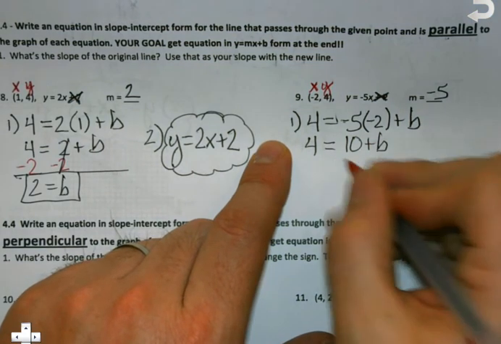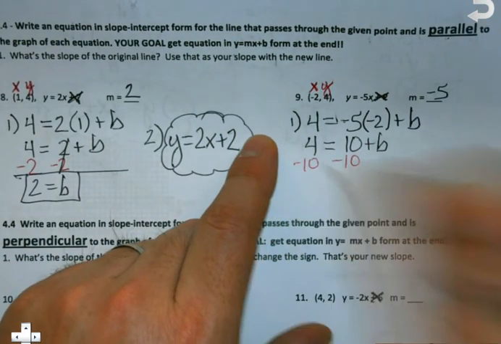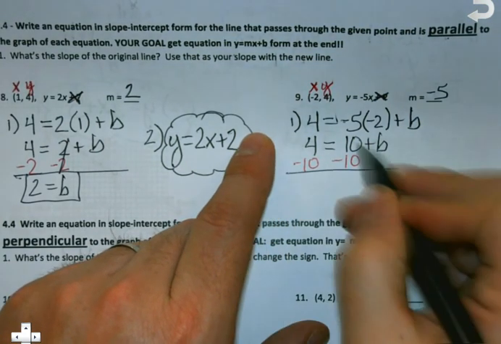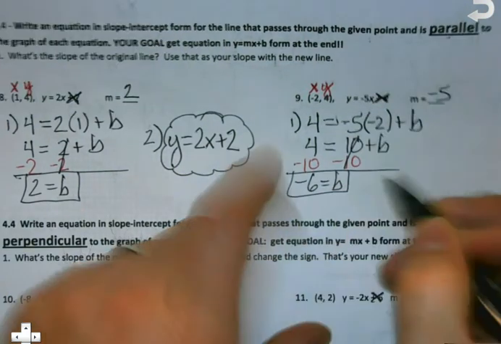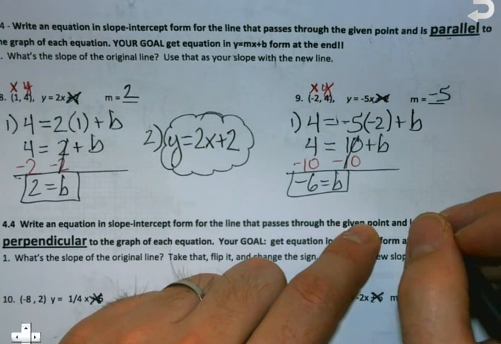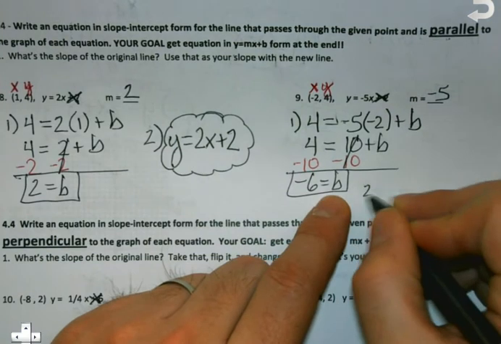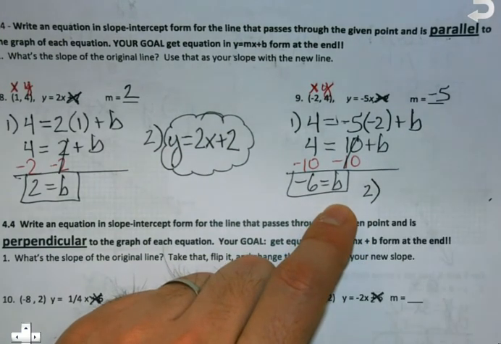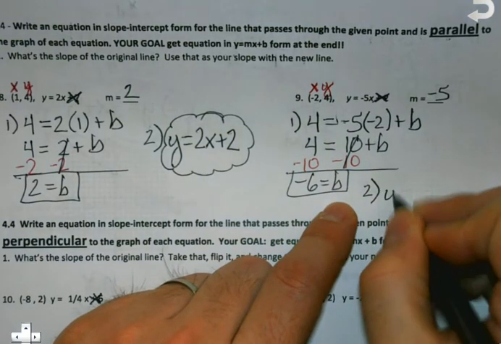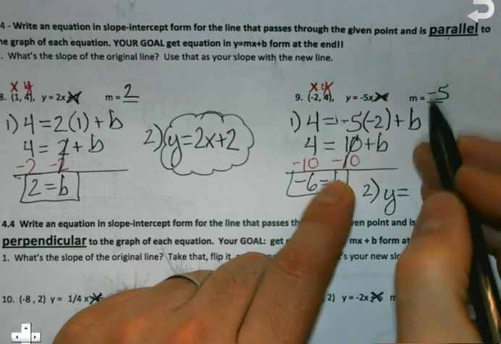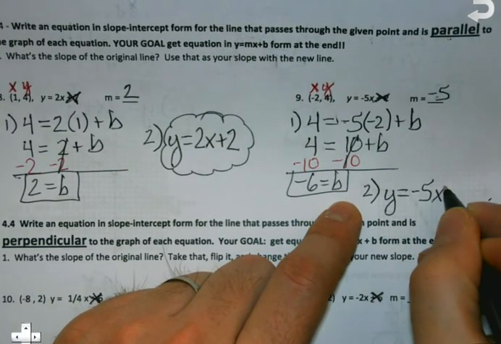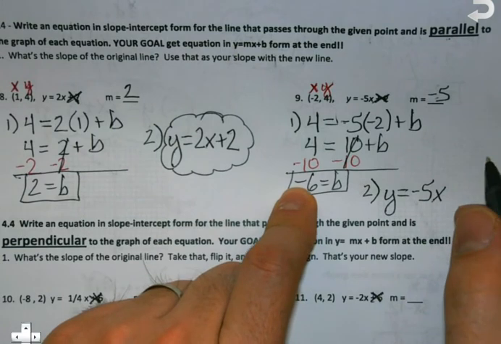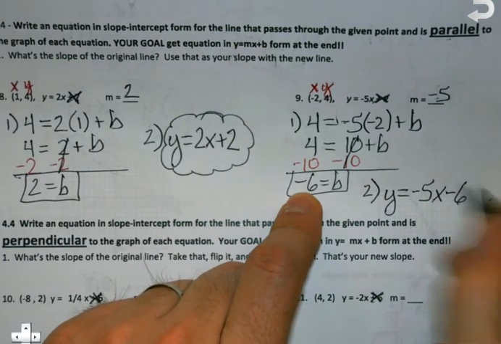And then again, yep. Just the 1 step to get it out of there. Get the b. Here we go. Y equals, here comes my equation. There's my m value. And then I can put plus negative 6, or I can just put the minus 6.